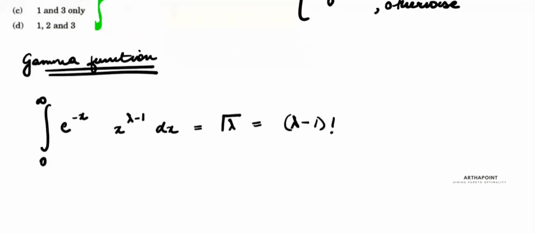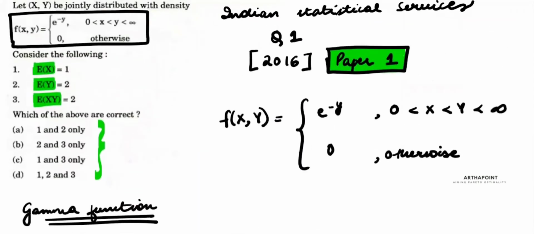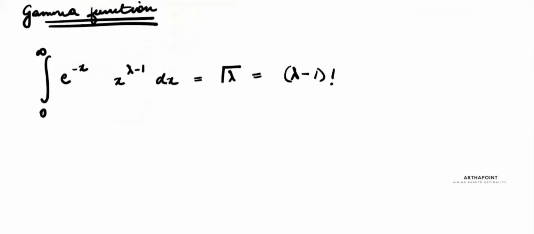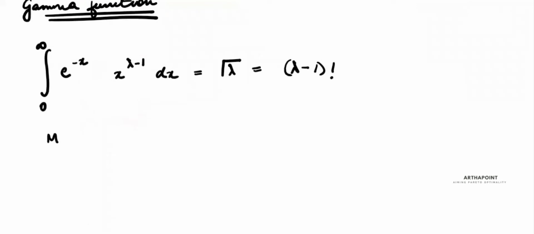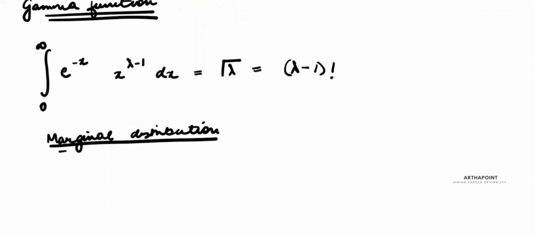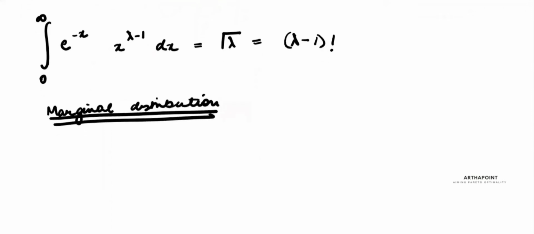Now, how do I find the marginal distribution? In order to find the marginal distribution, we will always go ahead and integrate. If I have to find the marginal distribution of y, I will integrate over all values of x. If I have to find the marginal distribution of x, I will integrate over all values of y, right?